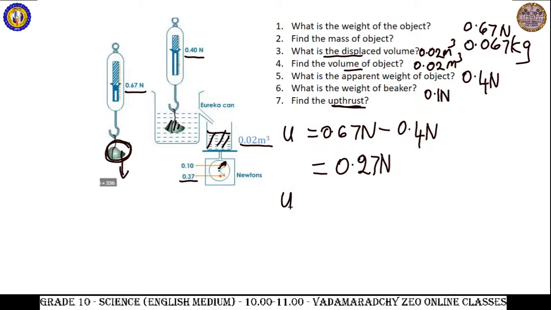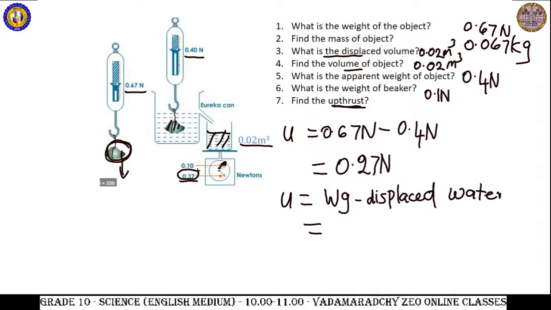Another way we can calculate the upthrust is from the Archimedes principle, which we already studied: upthrust is equal to the weight of the displaced water. Here, the weight of displaced water with beaker is 0.37, and the weight of beaker is 0.1.